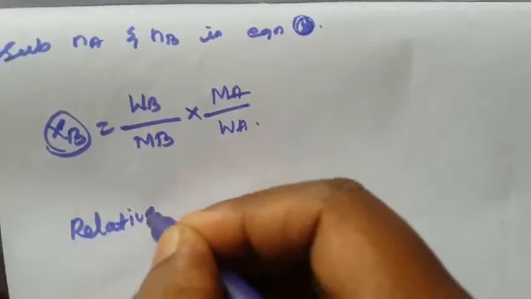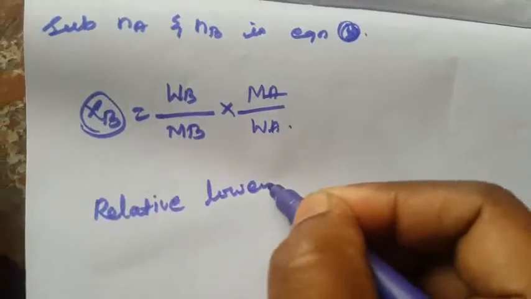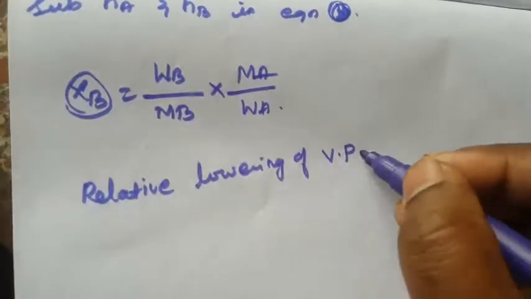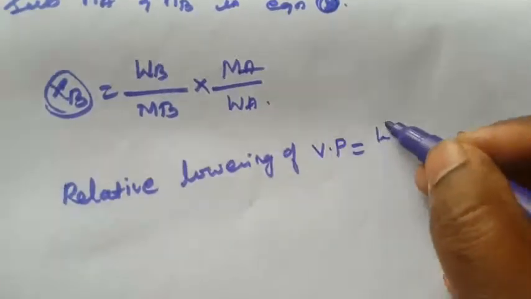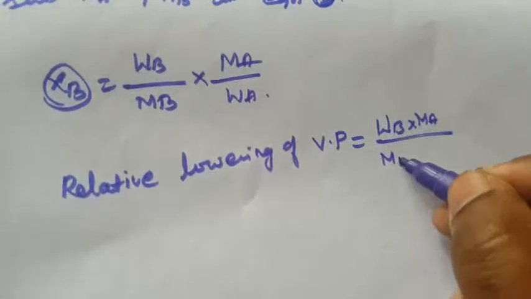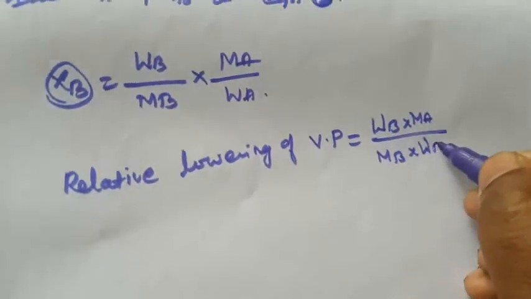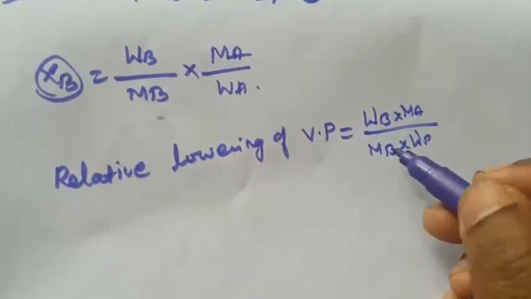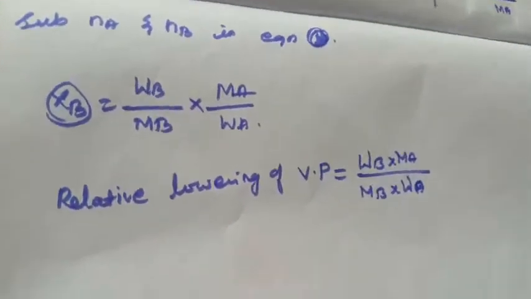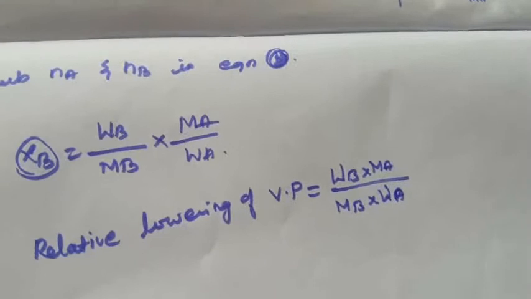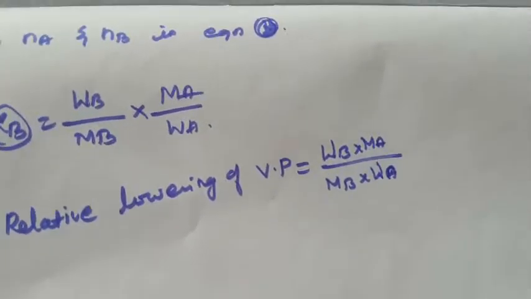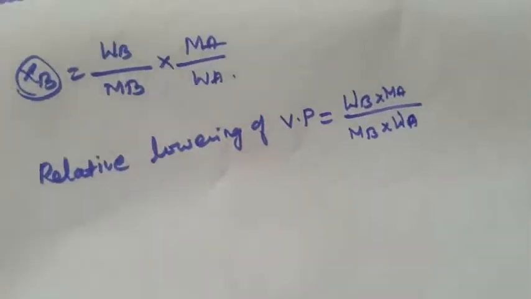Relative lowering of vapor pressure is equal to Xb, which is equal to Wb into Ma divided by Mb into Wa. This is called the relative lowering of vapor pressure, used for the molecular mass determination.